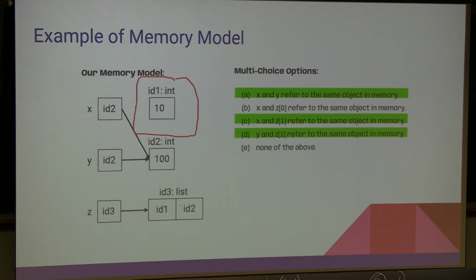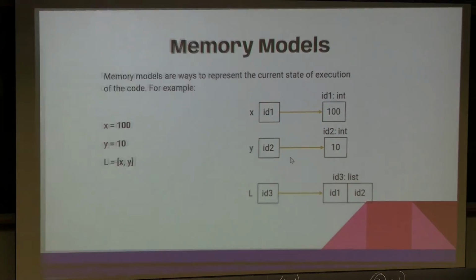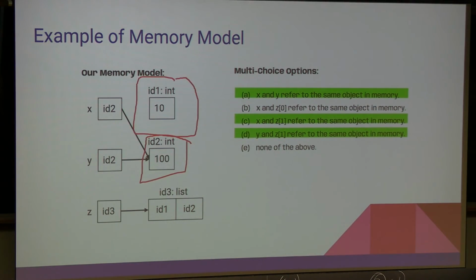What is ID2? 100. No, it's this. It's value 100, but it's this box. Box is important, guys. What is X referring to? ID2. What is Y referring to? ID2. Okay. X and Y refer to the same memory object. Does that make sense? Yes.